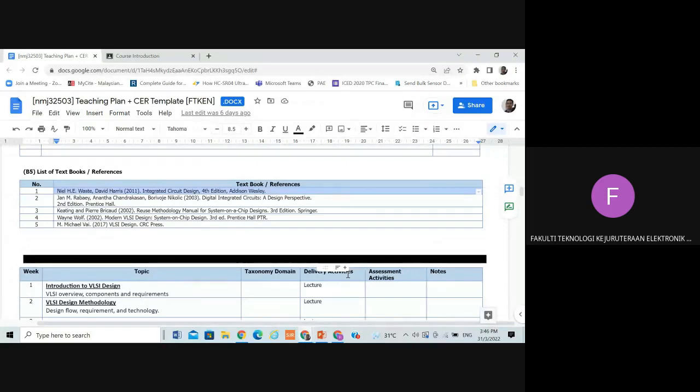I type it inside this box. The author is Weste. You will see the book. Download that book. That book is an older version, but the content is still the same.